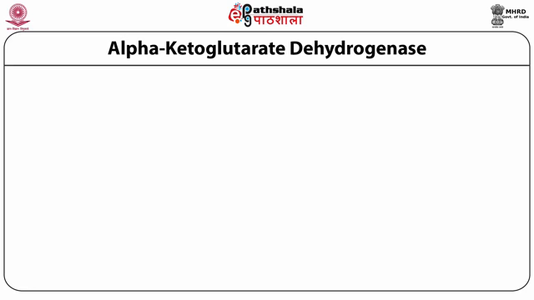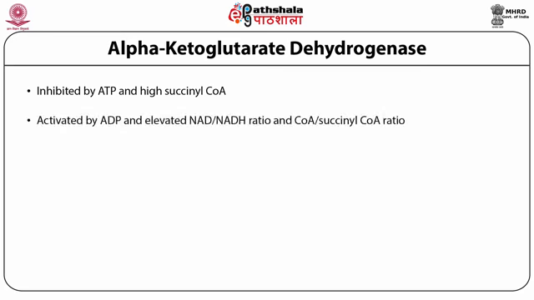Alpha-ketoglutarate dehydrogenase is inhibited by ATP and high succinyl coenzyme A. It is activated by ADP and an elevated NAD to NADH ratio and coenzyme A to succinyl coenzyme A ratio. It requires cofactors TPP, FAD, and lipoic acid.